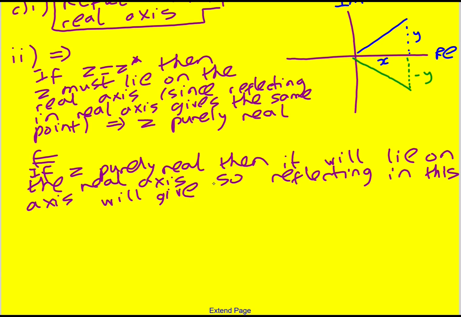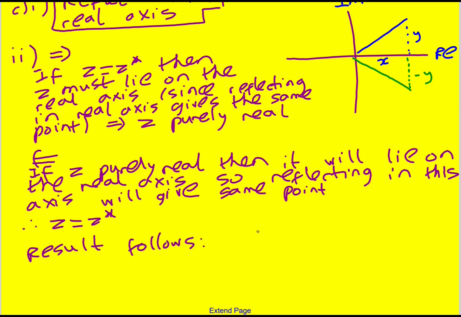You have to be really careful here. Make sure we're using geometry and not using algebra like before. And therefore z equals z star. So the result follows: z equals its complex conjugate if and only if z is purely real.